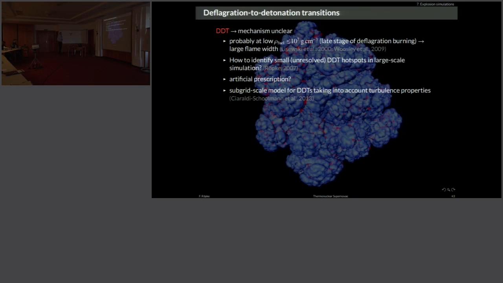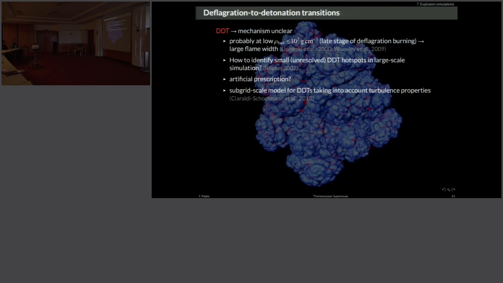Now this is just a possibility that was studied as much as possible, but still the conclusions are not very firm. However, it is clear that if such a spontaneous deflagration to detonation transition was to occur, then it needs to happen at rather low fuel densities, below 10^7 grams per cubic centimeter. So that means at a late stage in the deflagration burning.